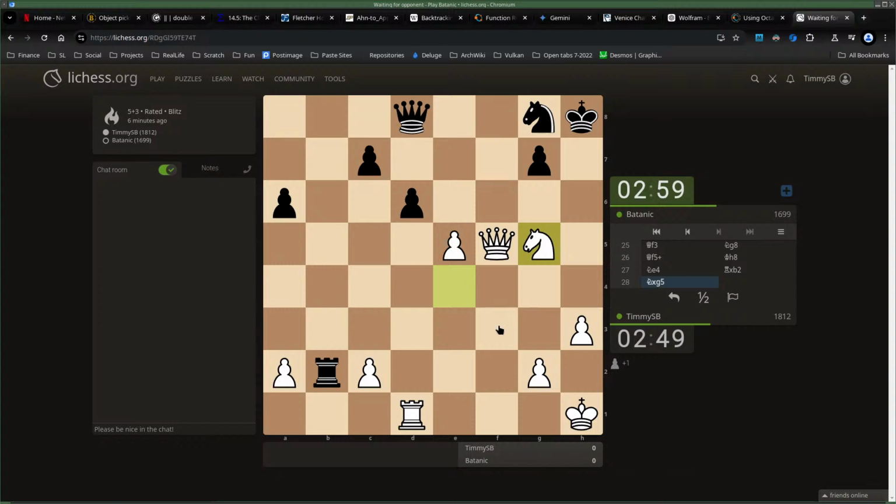My rating has dropped 200 points, and I'm pretending that I'm having a good game because this guy didn't see this move. I'm so bad these days. Unbelievable. Yeah, okay, give that one away. Still threatening mate.